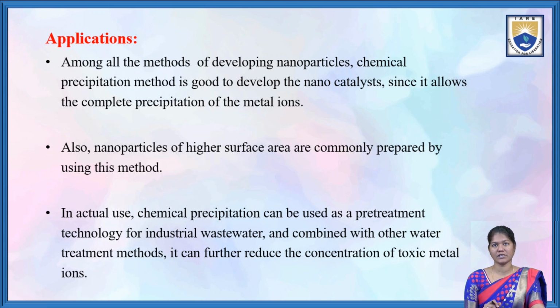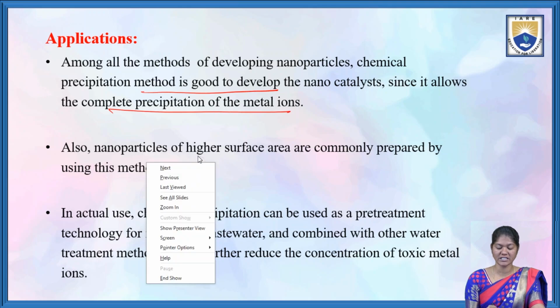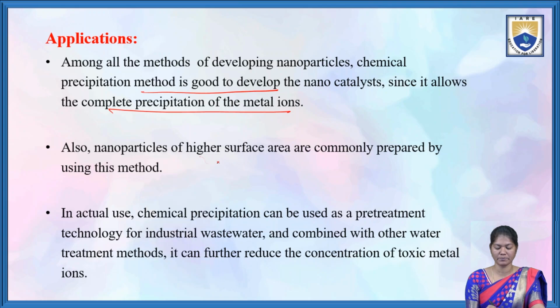Coming to the applications of the precipitation method: among all the methods of developing nanoparticles, chemical precipitation is good for developing nanocatalysts, since it allows the complete precipitation of the metal ions. Also, nanoparticles of higher surface area are commonly prepared by this method.